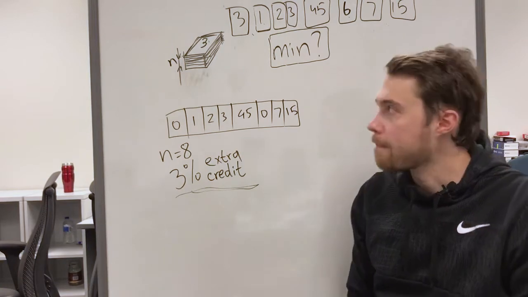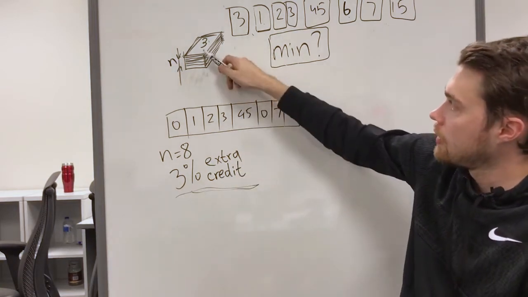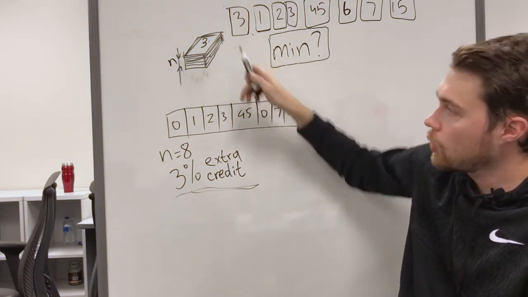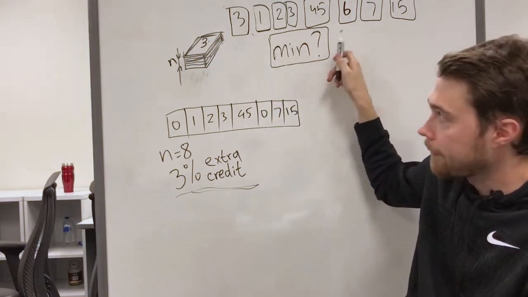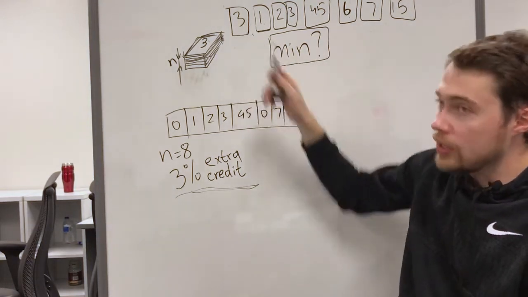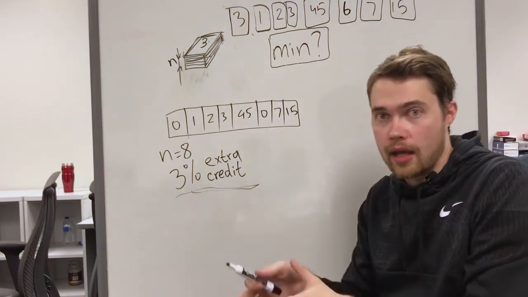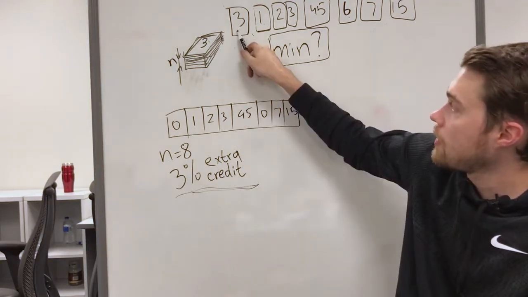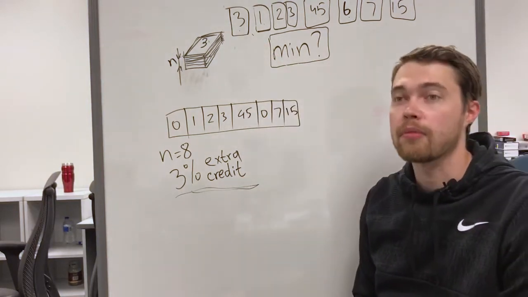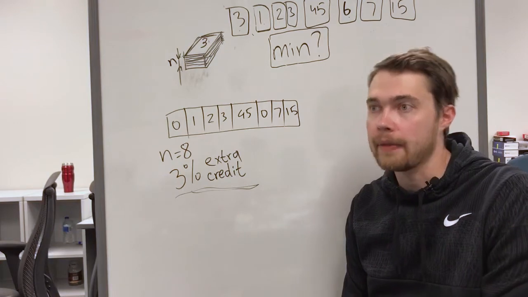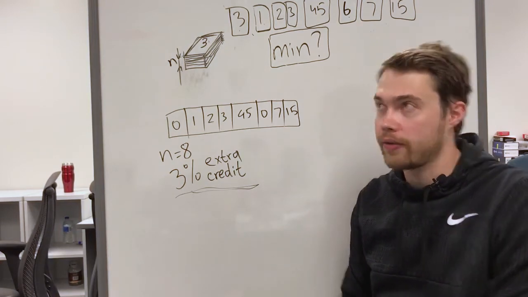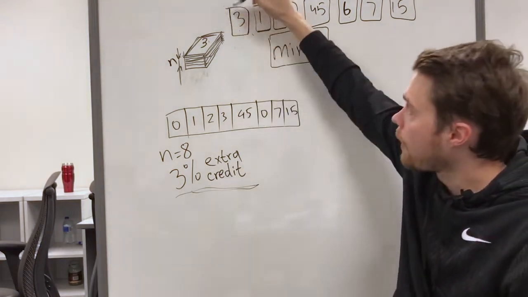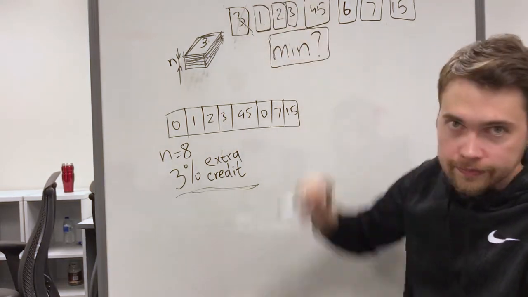Here's the problem. You're given the deck of cards and you're looking at one number at a time. You need to decide right here, right now. You're looking at 3 and you need to decide: is that going to be my lowest value? If you decide no, if you decide to move on, you completely throw away 3 and you move on.